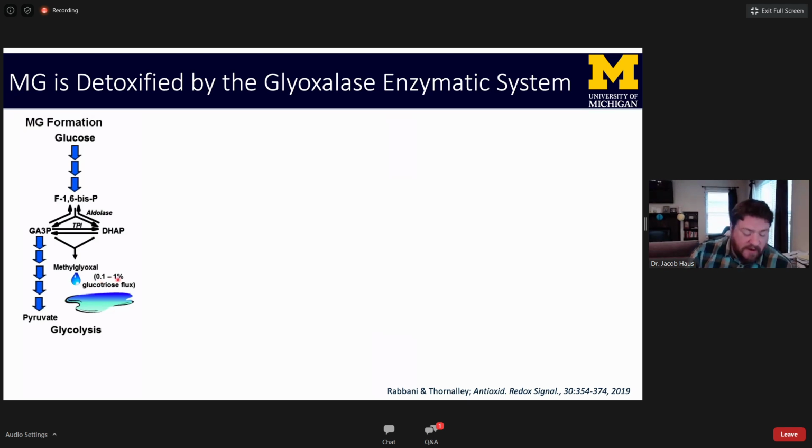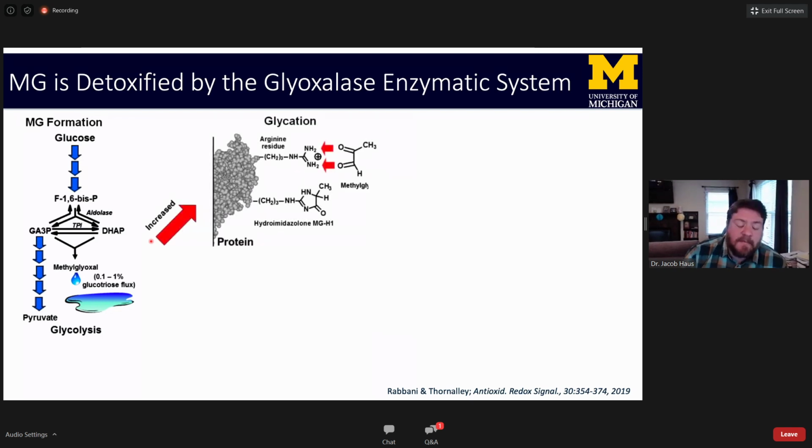However, if you have a diabetic condition, this can be elevated up to 10 and in some cases even 20-fold if the hyperglycemia is uncontrolled. Now, when methylglyoxal flux increases, there is a likelihood that it will interact with a protein side chain, more specifically an arginine residue.